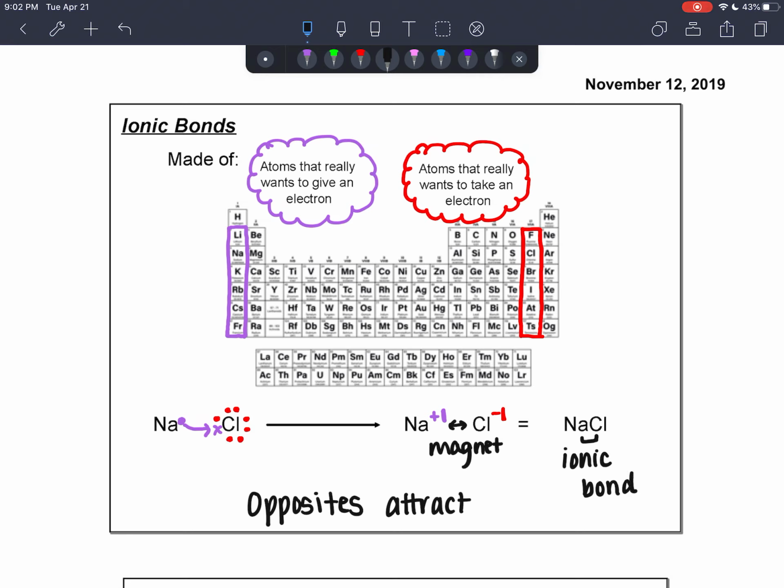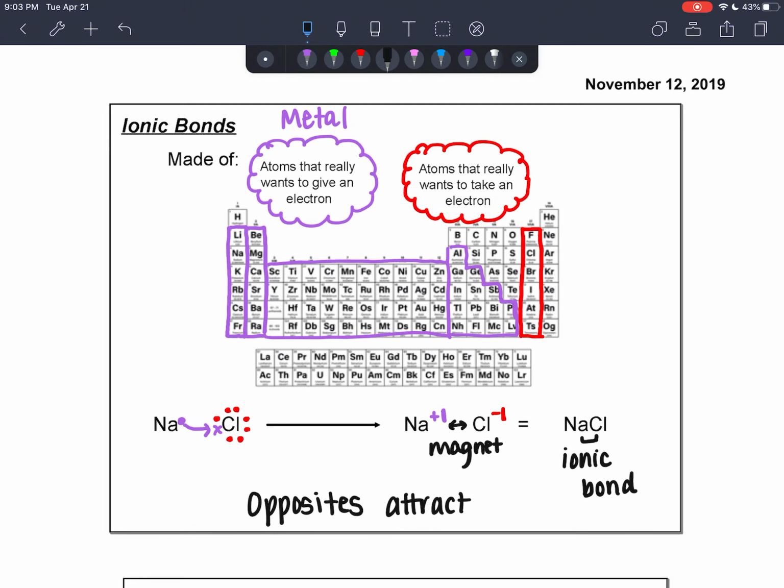Now, atoms that really want to give away electrons are not just in the first column. In fact, atoms that really like to give away electrons are in the first column and the second column and even this middle block, and even sometimes by the stair step over here. Pretty much any atom that we could call a metal is going to be an electron giver.